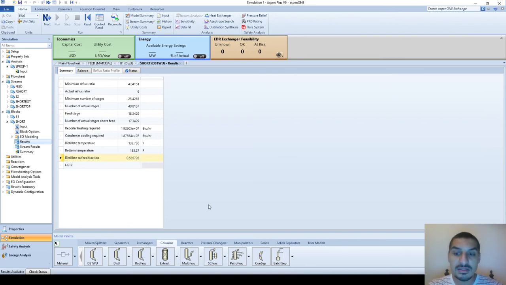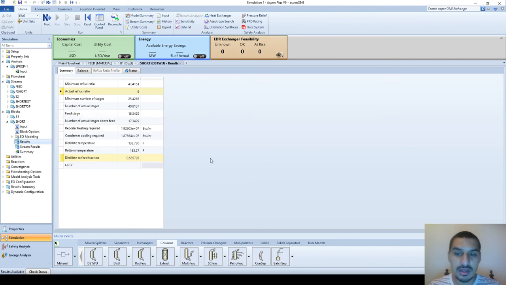And this is important because it's one piece of information that I have to define in the rigorous mode. So this and this are very important, the number of stages, whichever you want to define.